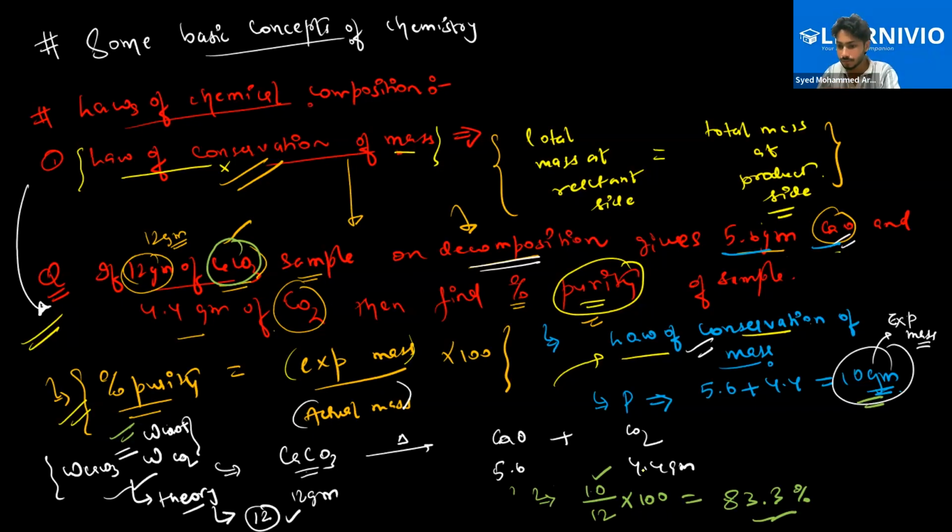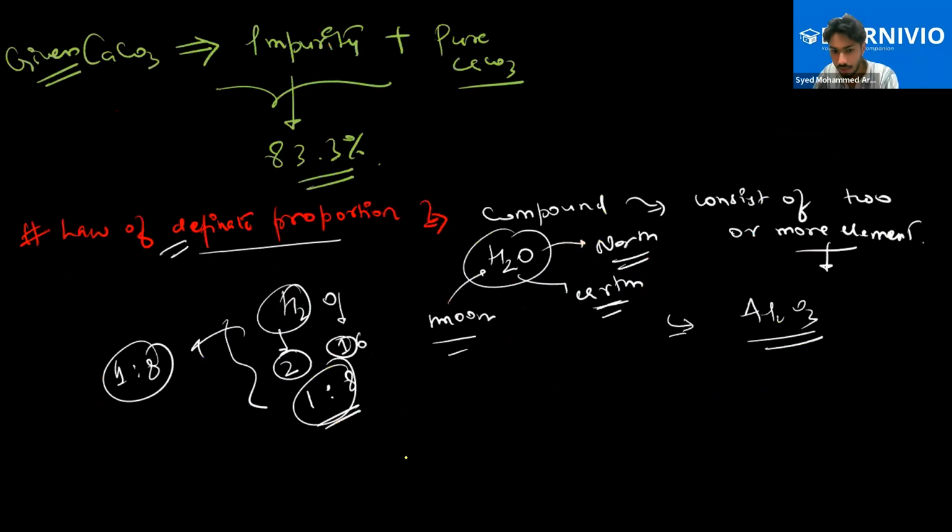You just add these masses, you will get 10, and the mass on the reactant side is going to be equal to the mass on the product side if it follows the ideal condition, which is the law of conservation of mass. If it follows the ideal condition, then the mass would be 12. You just divide 10 by 12, multiply by 100. This is the solution of this question.